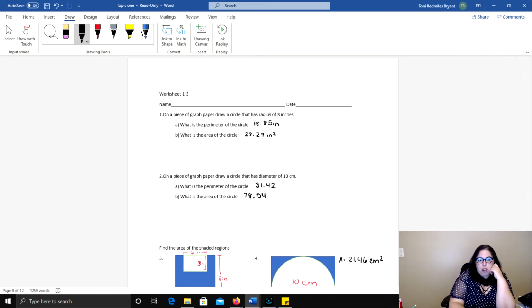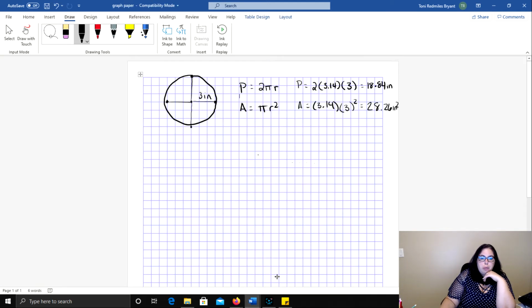The next one, we're going to draw one with a diameter of 10. Remember, the diameter goes the whole way across. So if I start here, 1, 2, this isn't going to work. I didn't leave myself enough room. All right, 1 through 10.